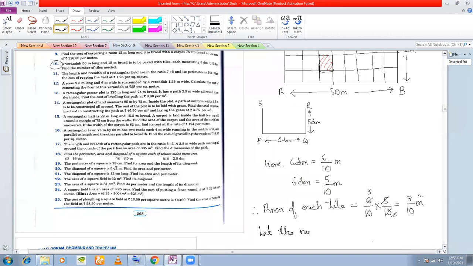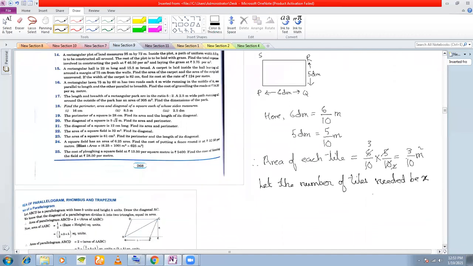Let the number of tiles needed be X. If one tile has 3 by 10 meter square area, then the area of X tiles is 3 by 10 into X, which is 3X by 10.